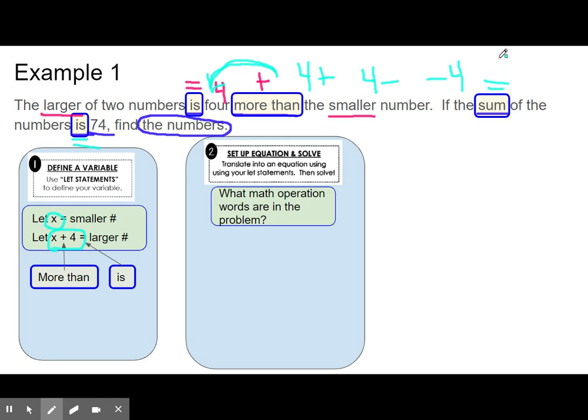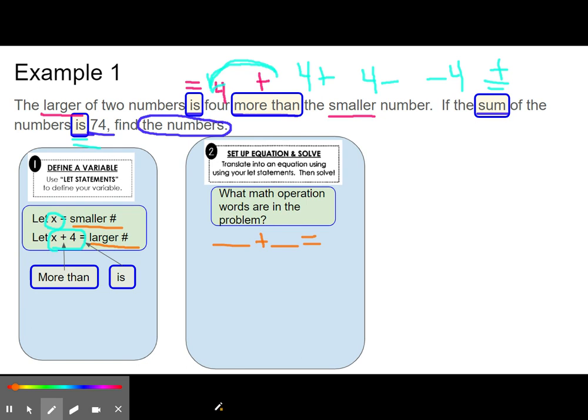So sum is the addition, the answer to an addition problem. So what am I adding together? A large number and a small number. My large number plus my small number is.